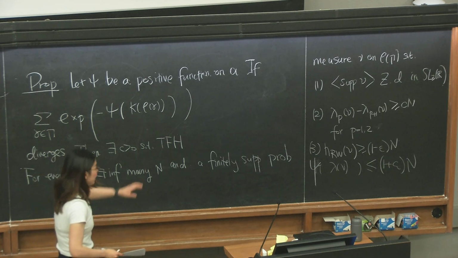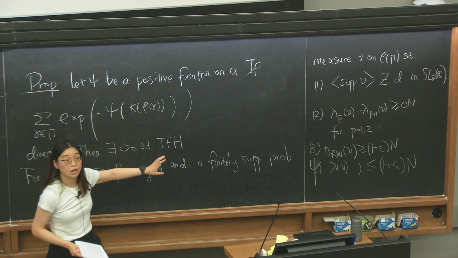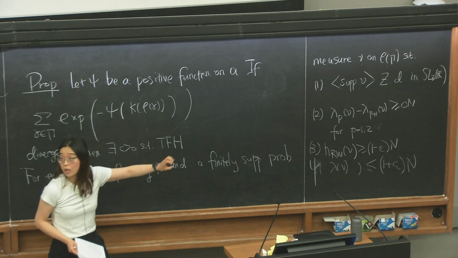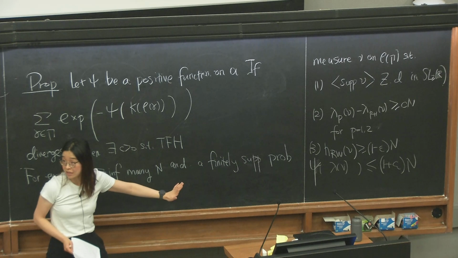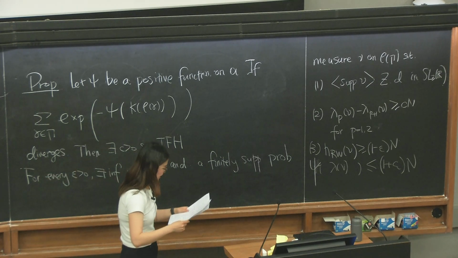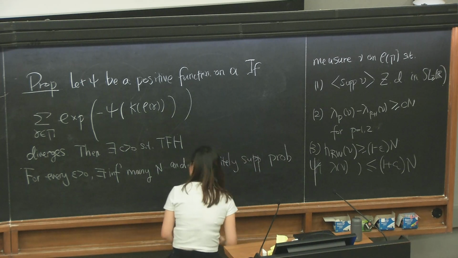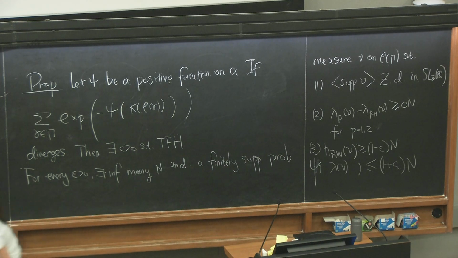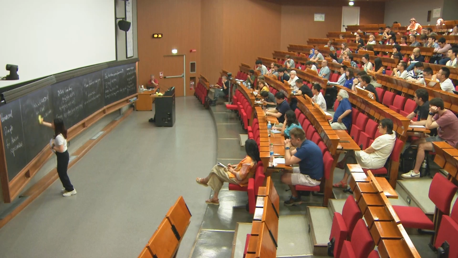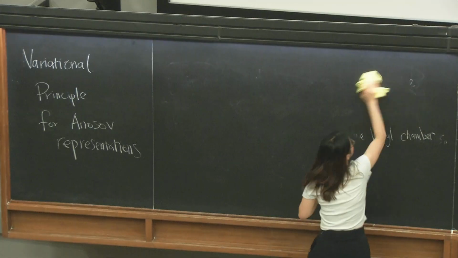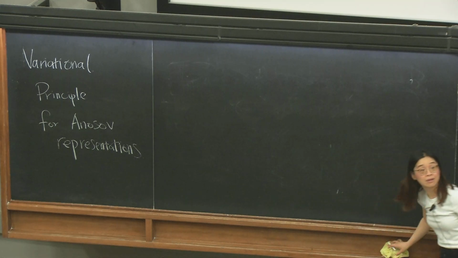Okay. So this is about the quantitative way to control the random walk entropy and the Lyapunov exponents. Okay. Go ahead.